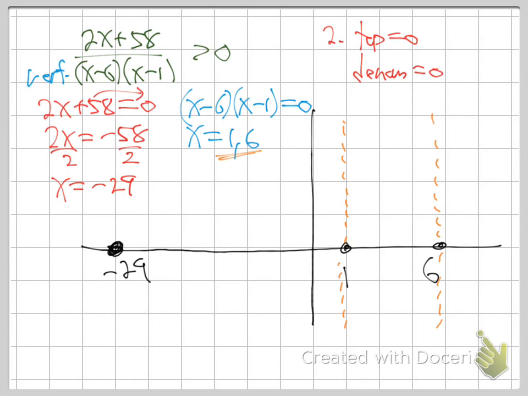So then you just got to plug in points. Now you just got to plug in something like 7, plug it into the original function back here. Plug in 7. See how you can just look at it real quick? It's going to be positive over positive times positive. It's going to be positive.